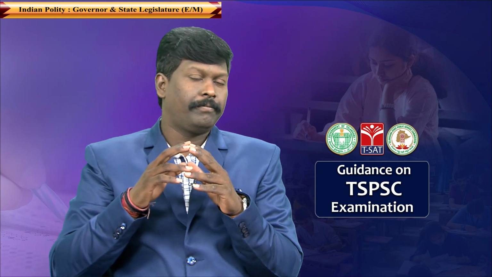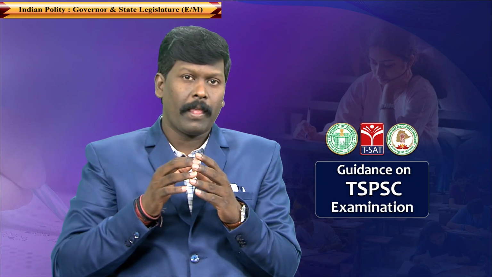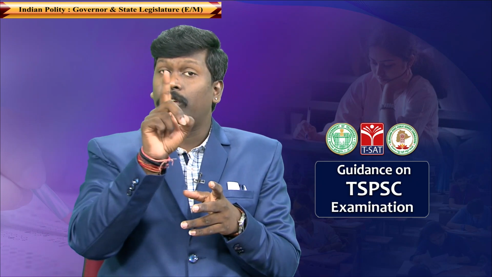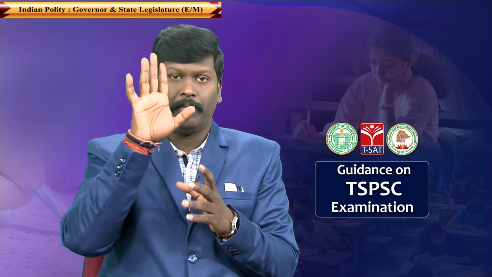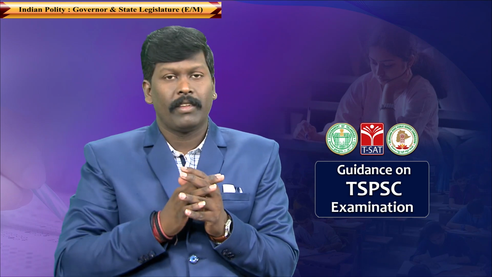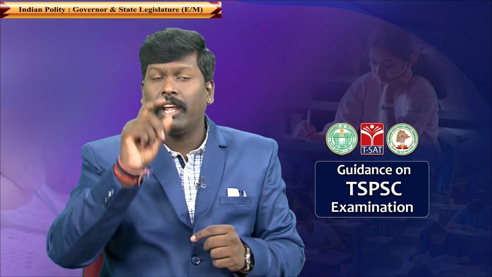The governor can remove the CM any time if the CM is not able to prove his majority in the state legislative assembly. Meaning, the CM can continue to be the CM till he proves the majority in the assembly.